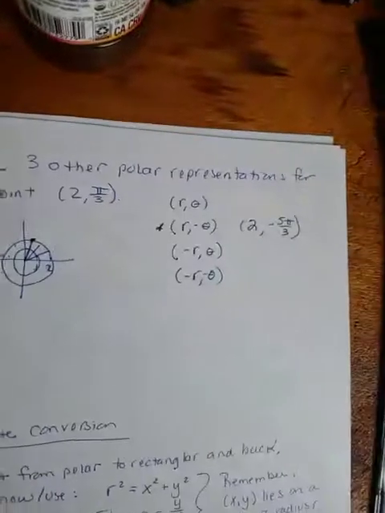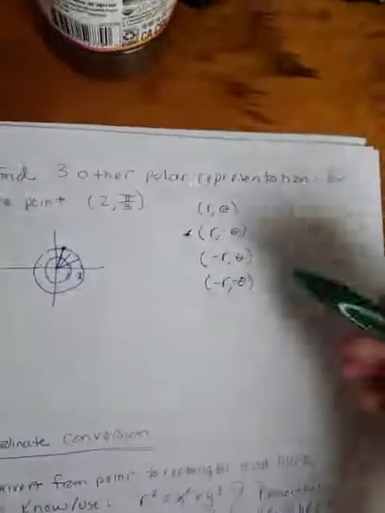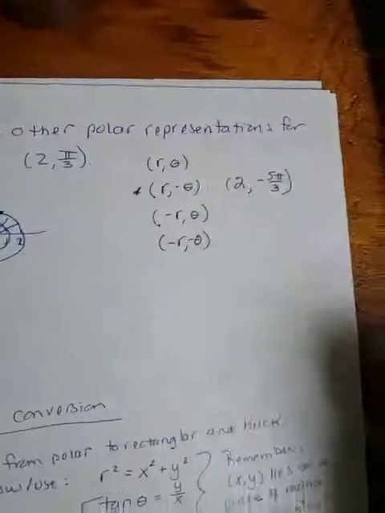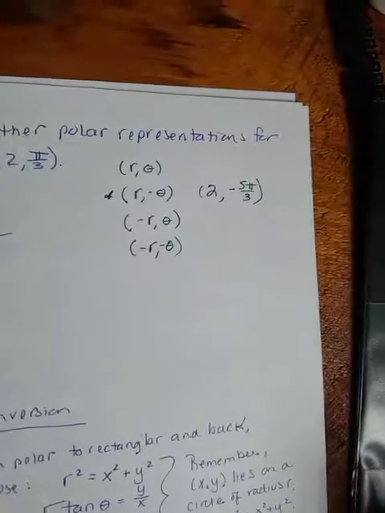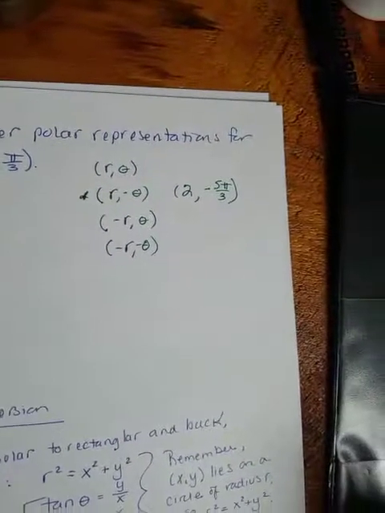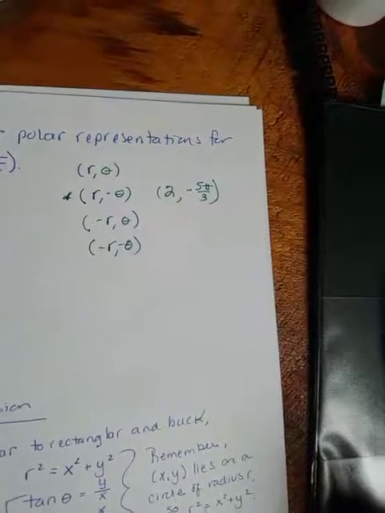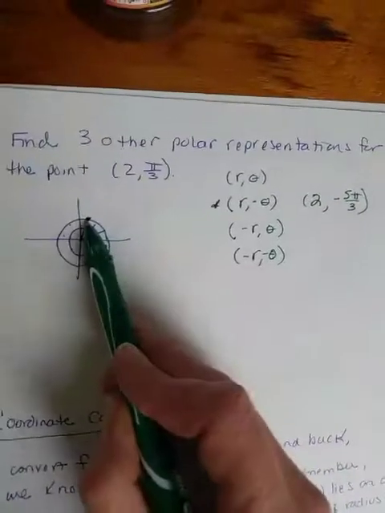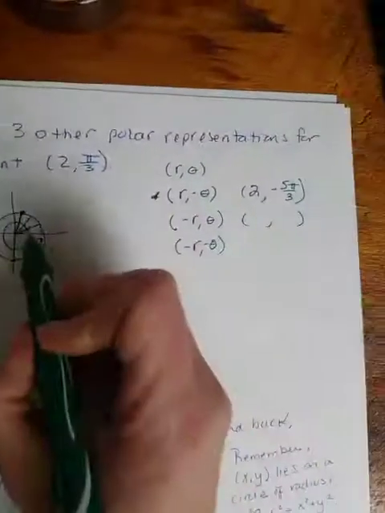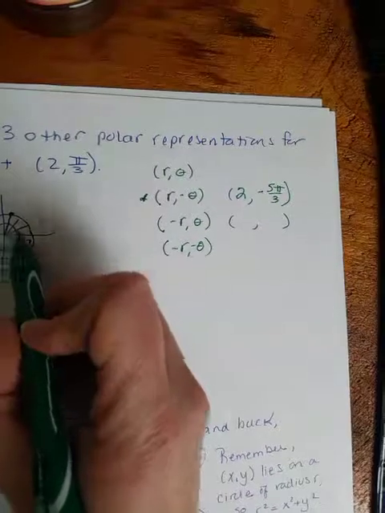So there's that one. Another one, again, you don't have to follow this, but I know some of you like something to follow, kind of like a formula. If you had negative r with your θ, let's think about this. Again, I need to end up here. But if I wanted a positive θ, I'm going counterclockwise.